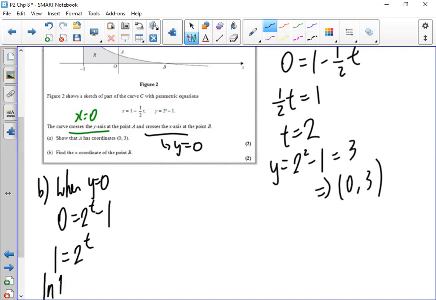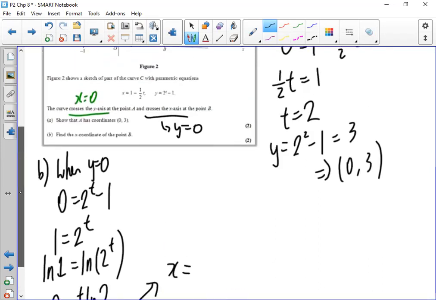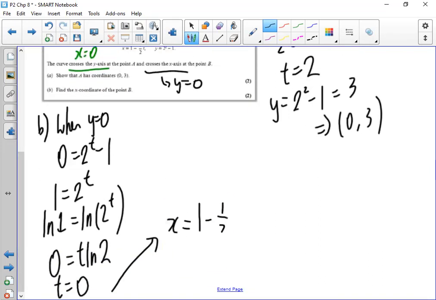Take ln on both sides. ln 1 in the calculator is 0, and ln of 2 to the power of t. The whole point of using ln is we can bring the t over using the log rule, so t ln 2. Divide by ln 2, t equals 0. So when t is 0, x equals 1 minus a half times 0. So x equals 1. End of question.